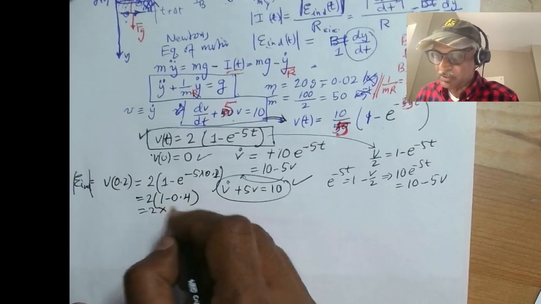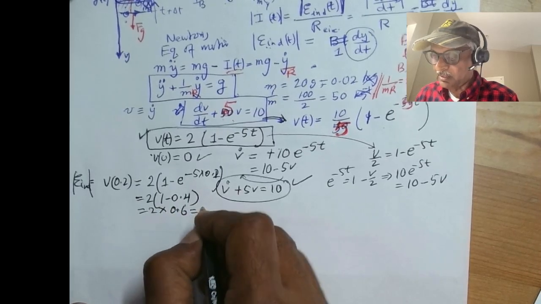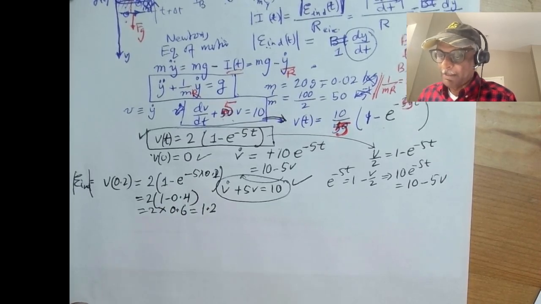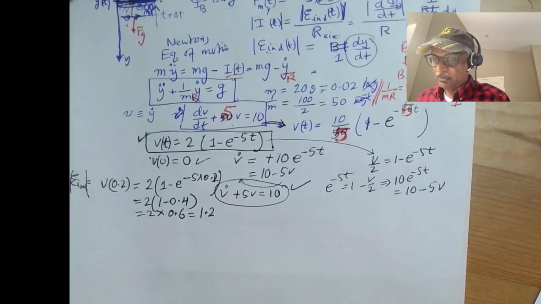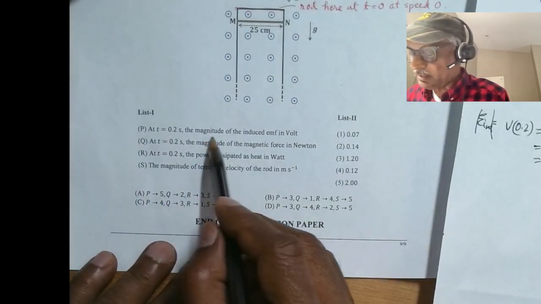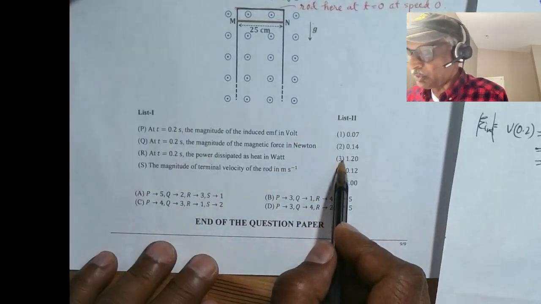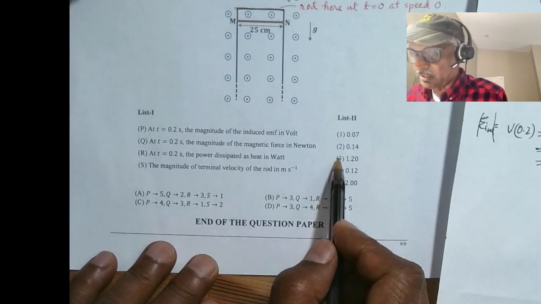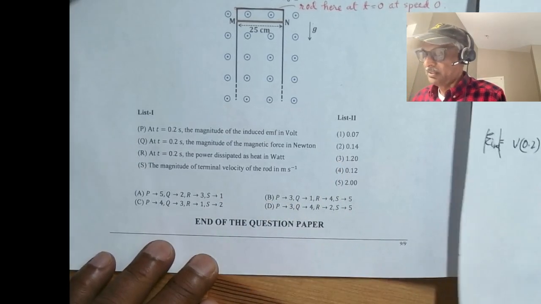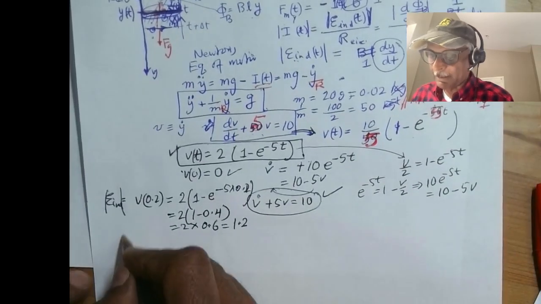So 2 times 0.6 is 1.2. So let's look at where does it fall. This 1.2, so P goes to 3. P goes to 3 is B or D. So the answer is B or D.